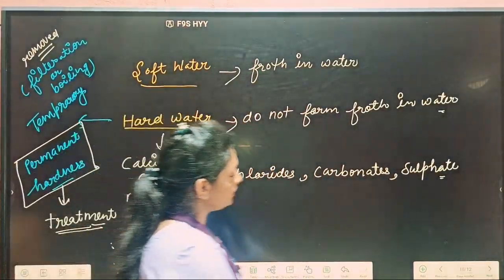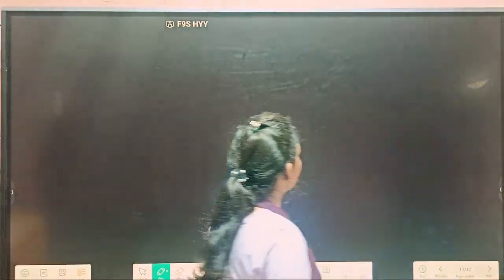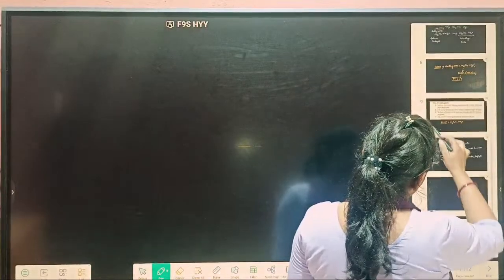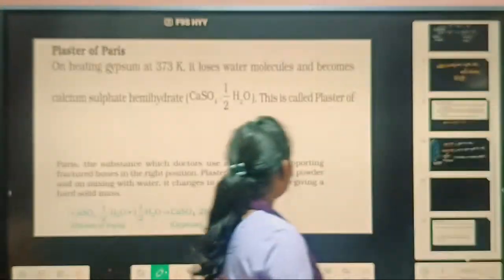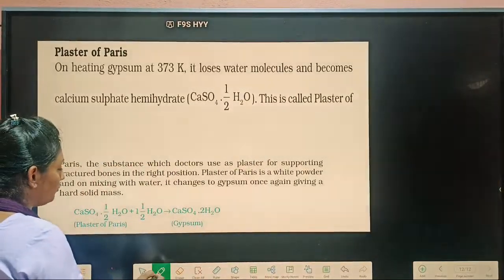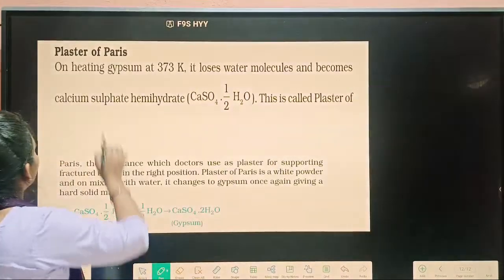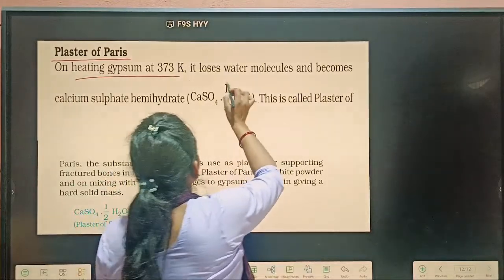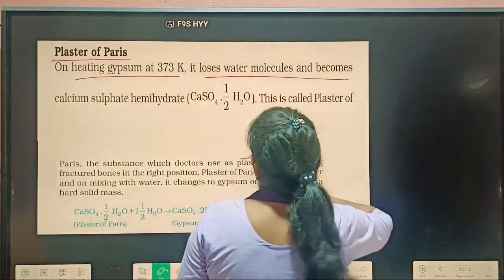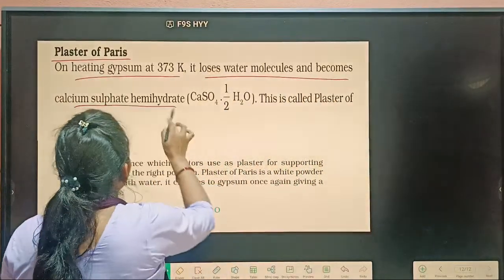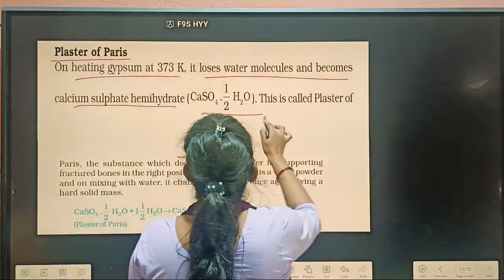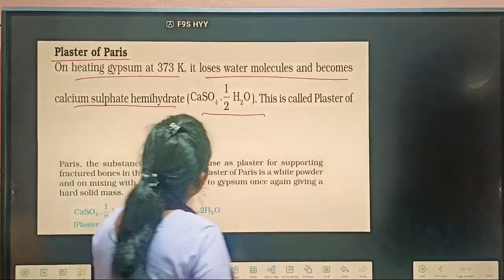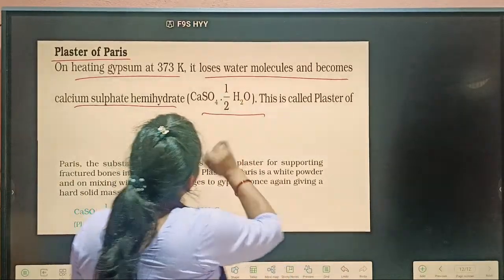We will discuss the next salt, that is the plaster of Paris. What is the plaster of Paris, students? On heating gypsum at 373 Kelvin, it loses water molecule and becomes calcium sulfate hemihydrate, CaSO4 half H2O.